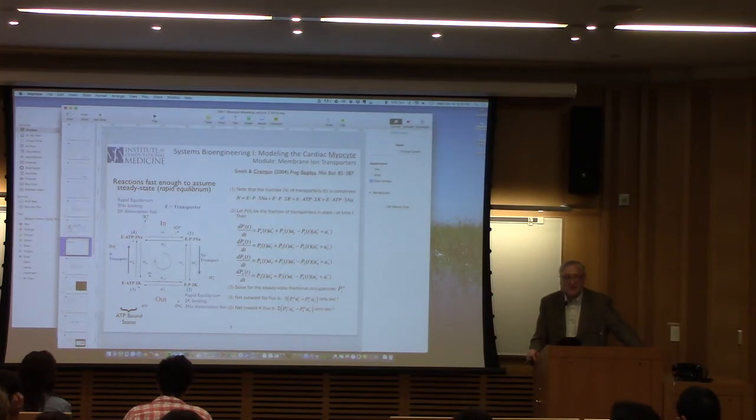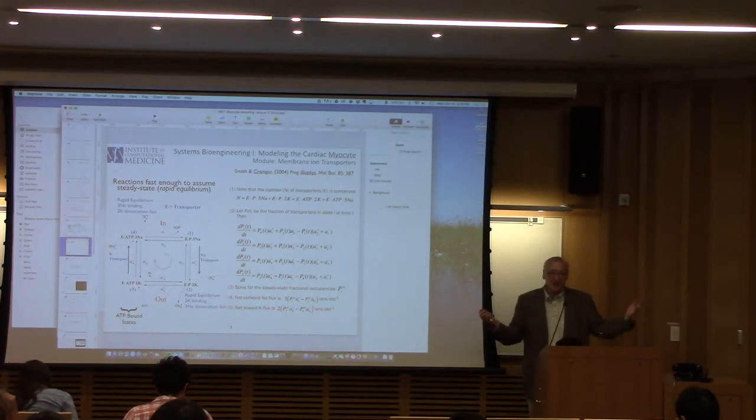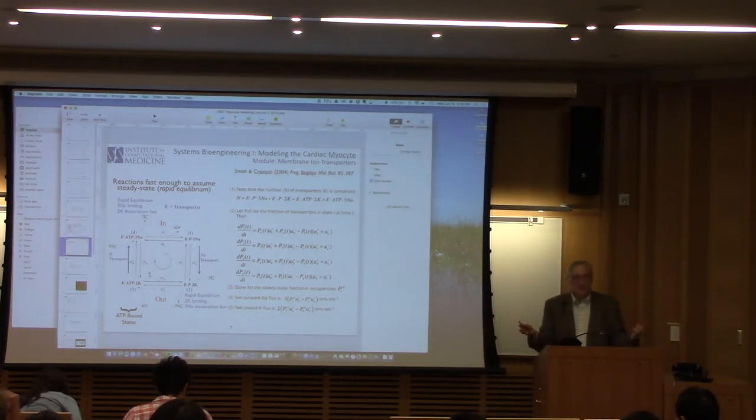And that's because these kinetic steps are assumed to occur so fast that for a given sodium and potassium concentration inside and outside the cell, if we were to look at the states of many different sodium-potassium exchanger molecules, the distribution of those states, the occupancy probabilities, will have achieved their steady-state values.